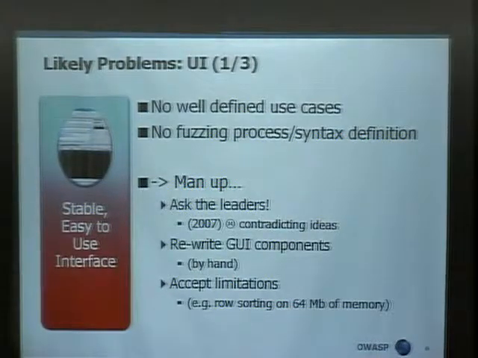And also, you've got to accept some limitations. So if you send approximately, I don't know, 2 million fuzzing requests, you're not going to be able to row sort all those with 64 megabytes of heap when you're launching a standard jar file. So there are some limitations to address. That's the easy part, the user interface.